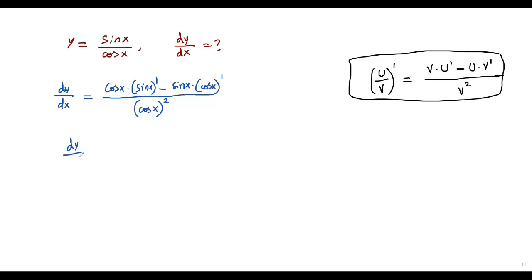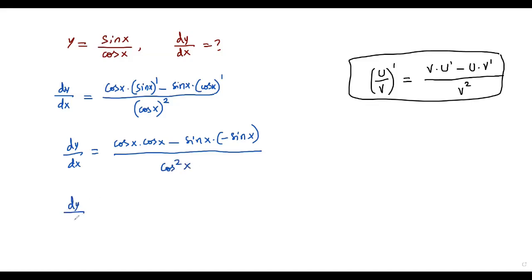So we get dy over dx equals cosine x times the derivative of sin x with respect to x, which is just cosine x, minus sin x times the derivative of cosine x with respect to x, which is negative sin x, over cosine x whole square, which can be written as cosine square x.